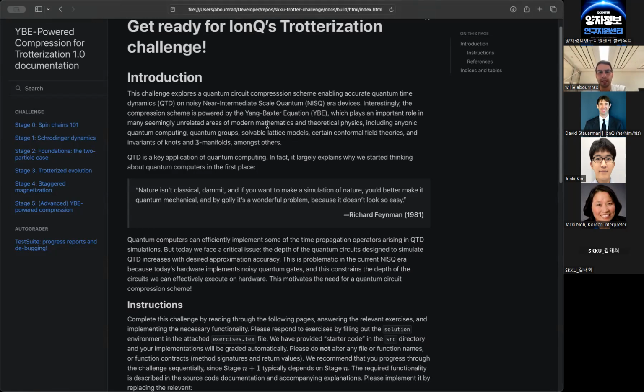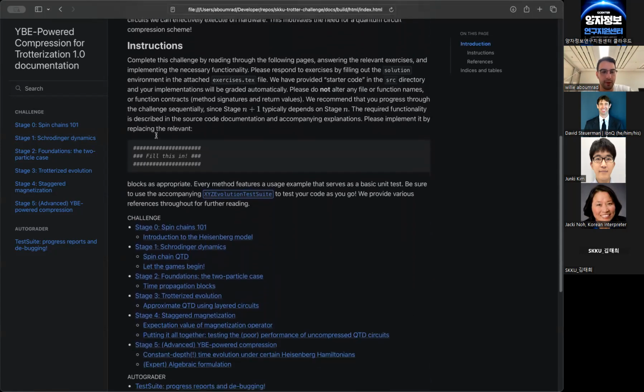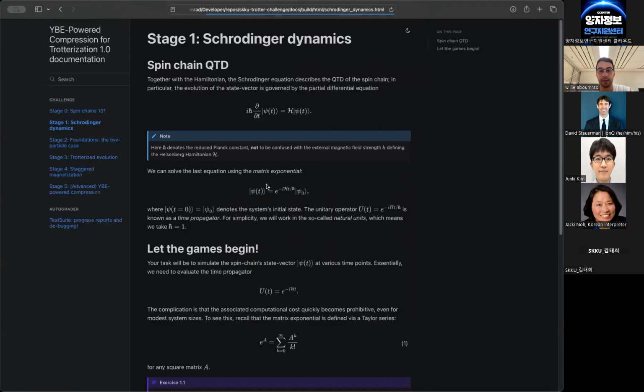So, let me talk a little about how this was set up, or at least the object of this problem. As you go through this, it is broken down into a few parts. The first thing that we need to understand is the quantum time dynamics. So how do quantum systems actually evolve? In this problem, we're simulating the time dynamics of something known as a spin chain.